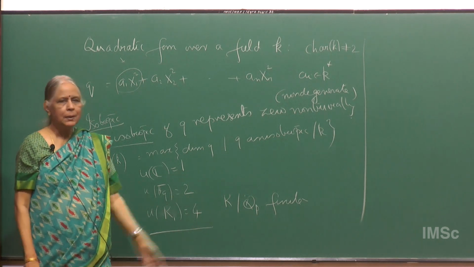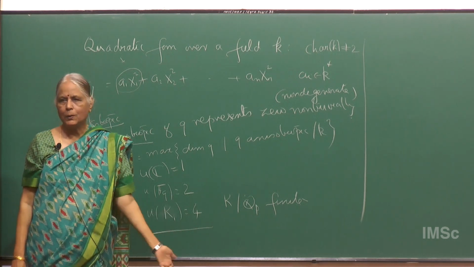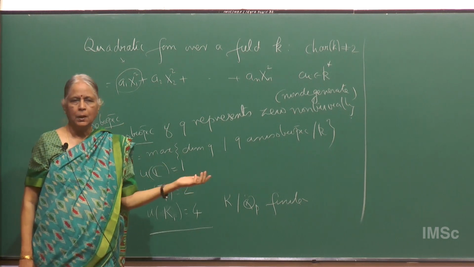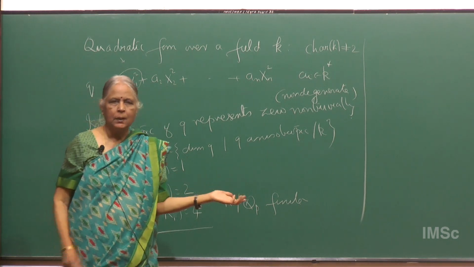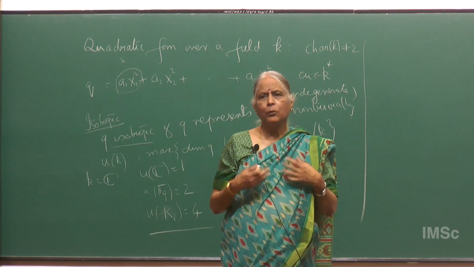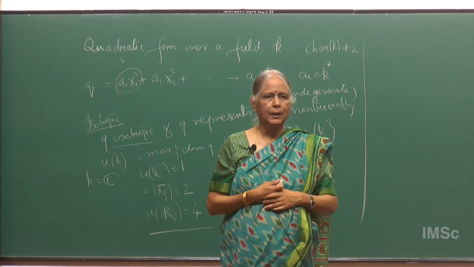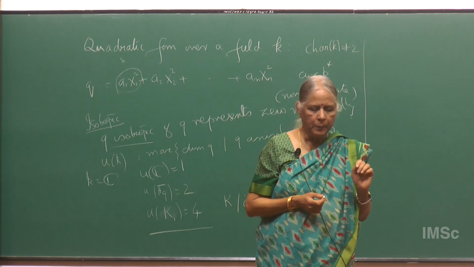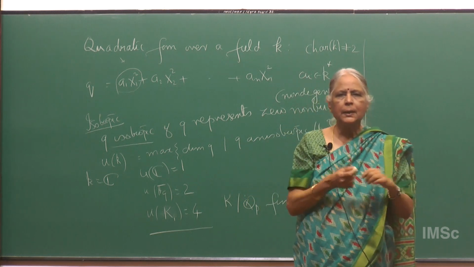And then some of you might have seen Minkowski's theorem. If you want to go from the local situation to the case of number fields, you have this famous theorem of Minkowski, the Hasse-Minkowski theorem. If you take a number field, it has a set of valuations.